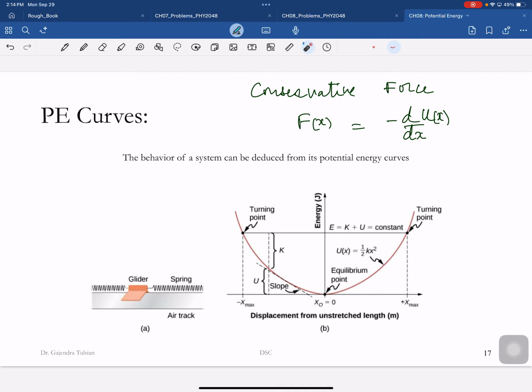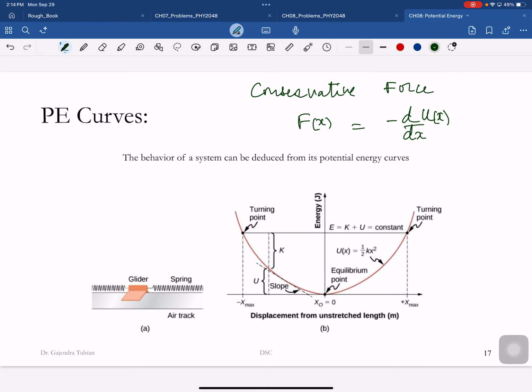So the behavior of a system can be deduced from the potential energy curve. If you have this function, you know the force on the system at any location, and you can calculate the behavior of the system. So if you want to describe a system, all you have to do is give this curve, this function. And from there, you can calculate the behavior of the system.